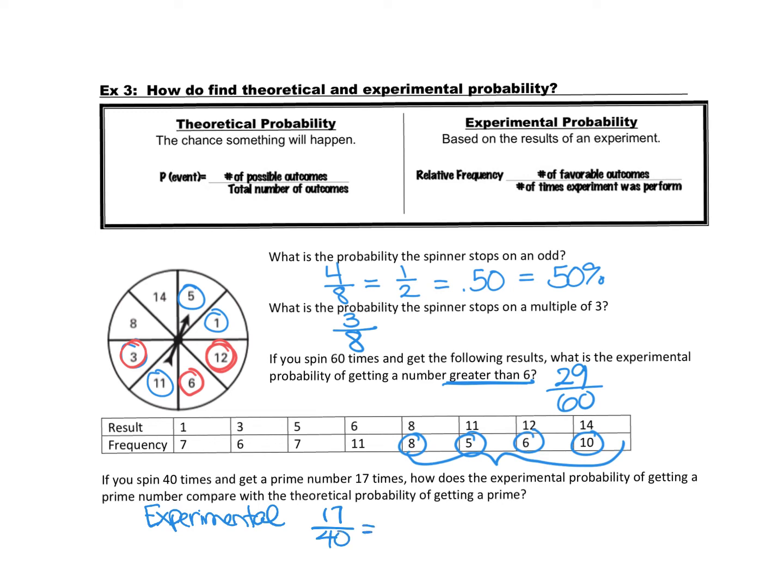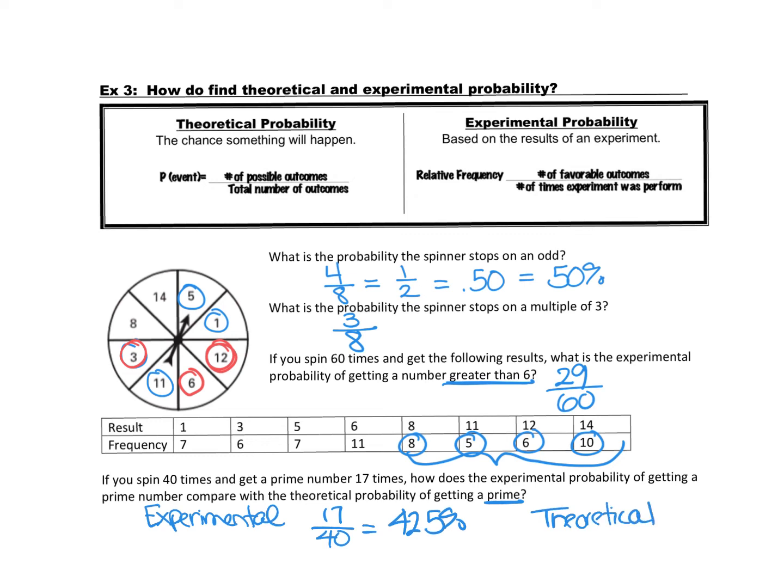And let's turn this now into a percentage so that we can compare them accurately. And I would have 42.5% of the time I spun the spinner and got a prime number. All right, so now let's go ahead and take a look at the theoretical probability so we can compare it to it.